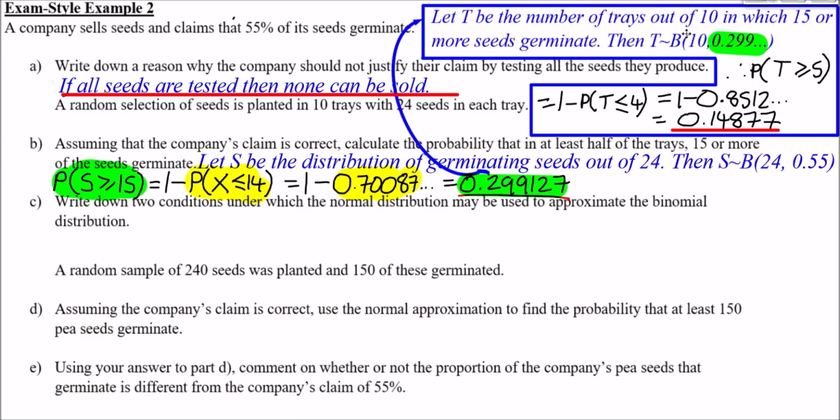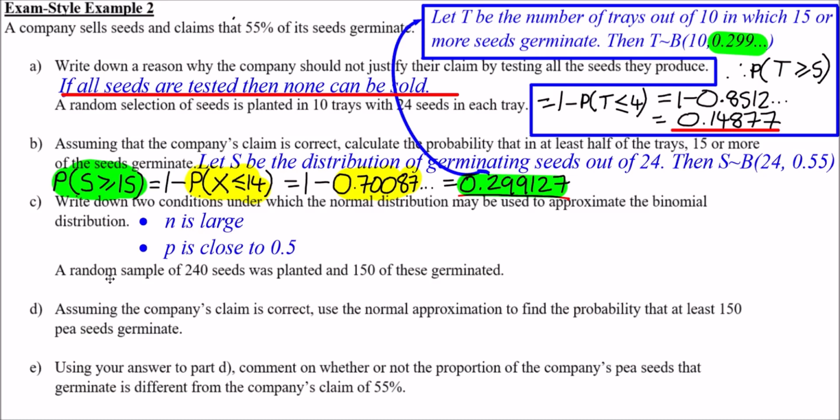So the two things we need are as follows. We require, for this to hold, n to be large, the total number of items to be large, typically at 50 or more, the more the better, and the proportion of success, or whatever we're testing, is close to 0.5. So that's what we need to write down for C, these two facts.